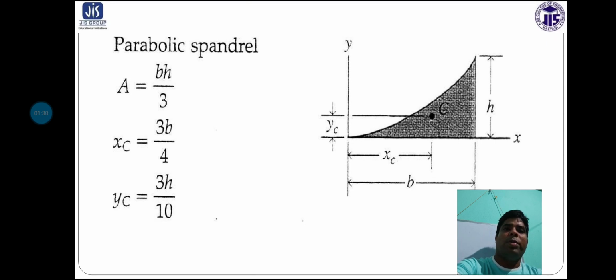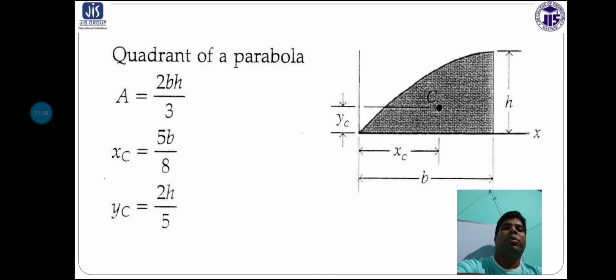The area will be A is equal to, if height is h and b is breadth, A is equal to b into h by 3. So xc means according to x-axis, CG will be xc is equal to 3b by 4 and yc will be 3h by 10.